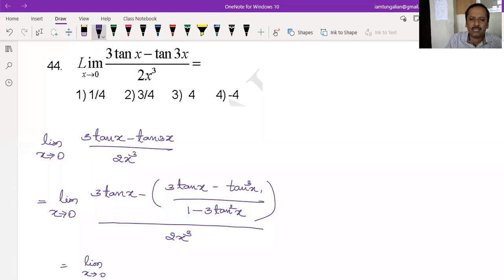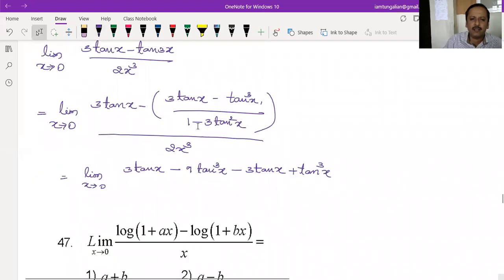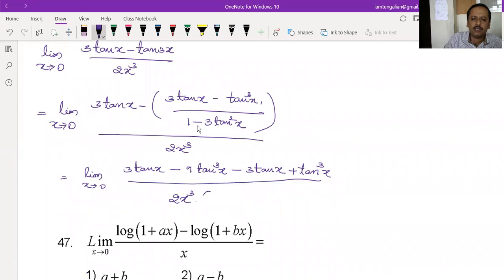Take LCM here. 1 minus 3 tan square x is the LCM. This will be 3 tan x minus 9 tan cube x minus 3 tan x plus tan cube x, divided by 2x cube into (1 minus 3 tan square x).